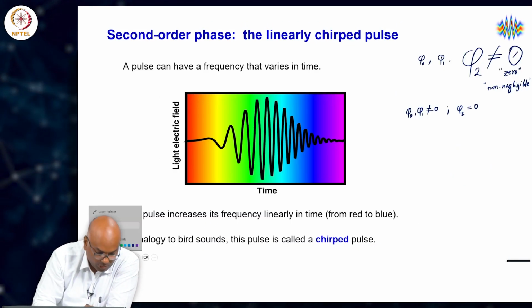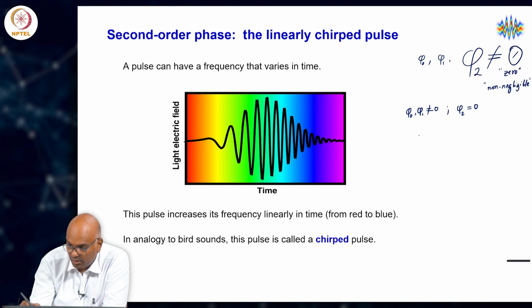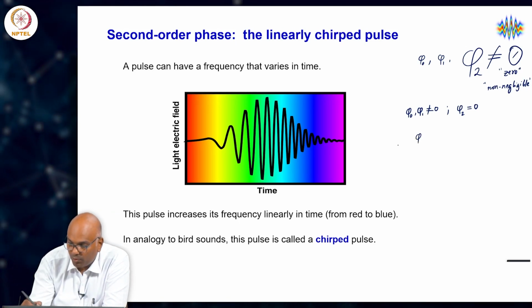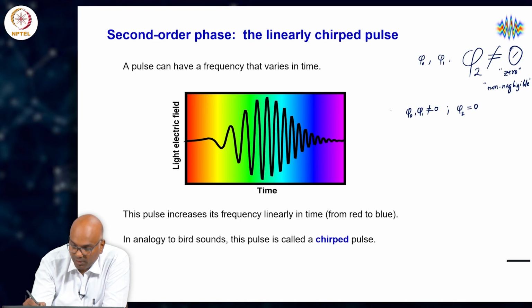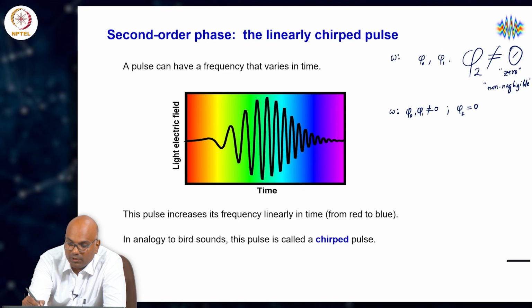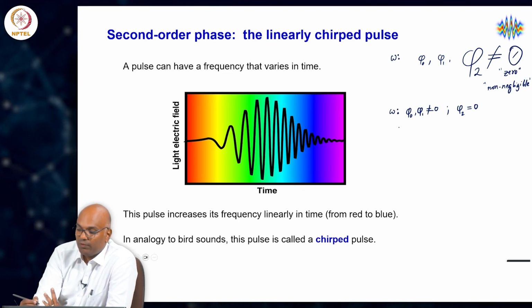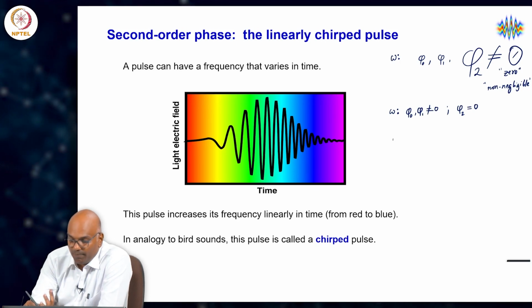Ergo, what did this mean for us? This essentially meant that, of course, we should be really careful in noting down the domains in which we are discussing. All this discussion about phi 2, phi 1 being non-zero is in the omega domain.